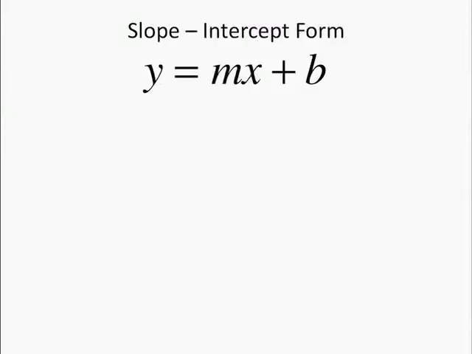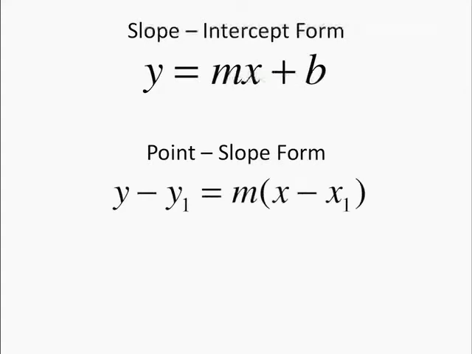When given the opportunity to graph, we have been writing the equation of our lines in slope-intercept form, or y equals mx plus b, with the m being the slope and the b representing the y-intercept. Another format used to write the equation of a line is point-slope form. The slope is still substituted in for m, while any point on the line is substituted in for x1 and y1.